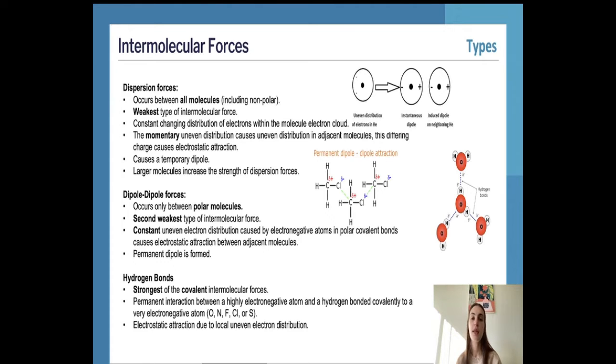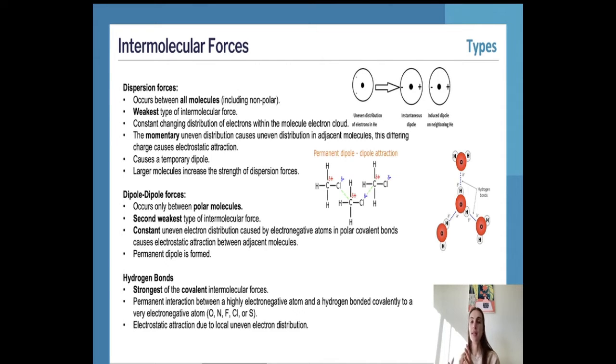And so this is because this temporary dipole, which we were talking about before, is no longer there, or it's still there to an extent, but then we've also got this permanent dipole where part of the molecule permanently attracts more electrons towards it, such as in chloromethane.